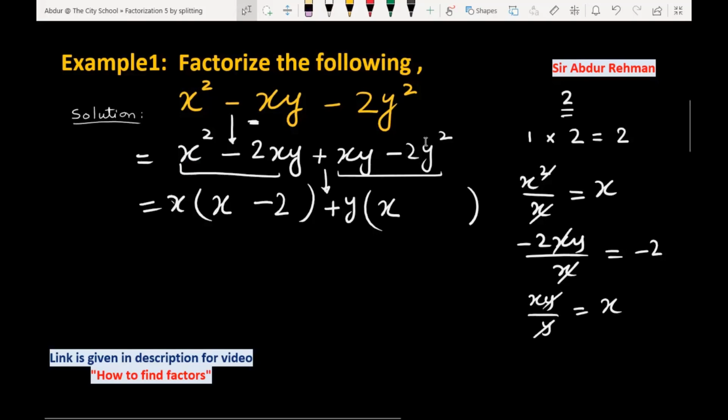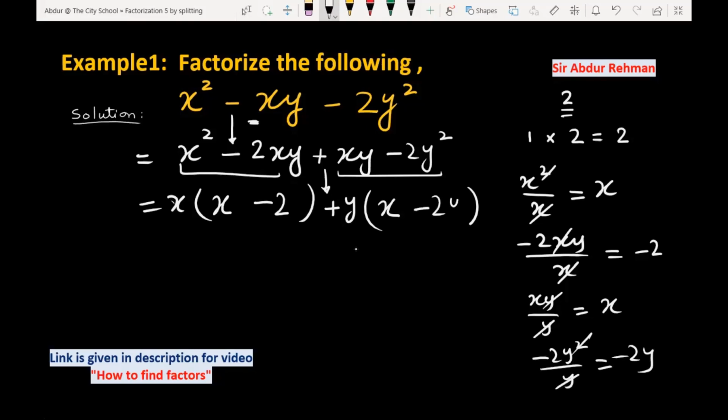Then divide minus 2y squared by y, we will get minus 2y. So I'm going to write minus 2y here. Sorry.